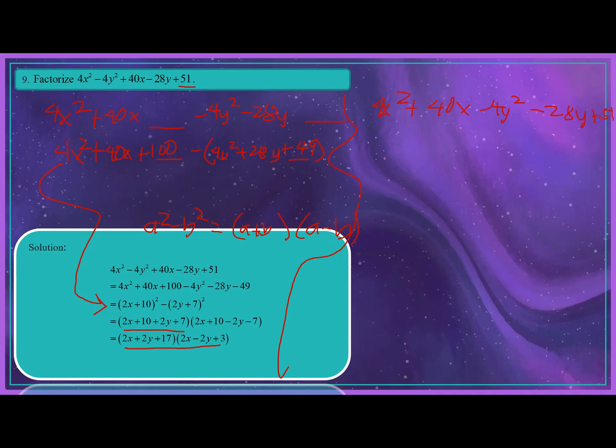The quadratic formula is negative b plus or minus the square root of b squared minus 4ac over 2a. From this equation, a equals 4, b equals 40, and c is negative 4y squared minus 28y plus 51. Substitute everything there and solve for x, and you'll see that you get the same answer.